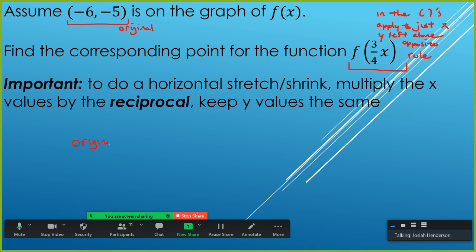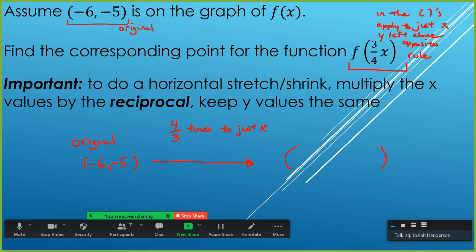Our original point is -6, -5. Our translation this time, the opposite of 3/4, the reciprocal of 3/4, remember that? We flip the fraction. So we're going to times 4/3 to just x. Y stays the same. Y is left alone.